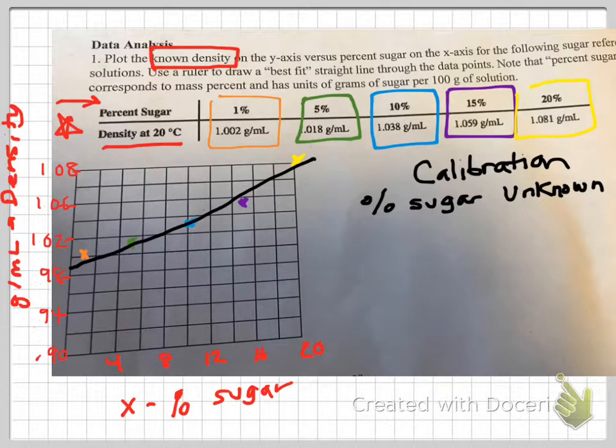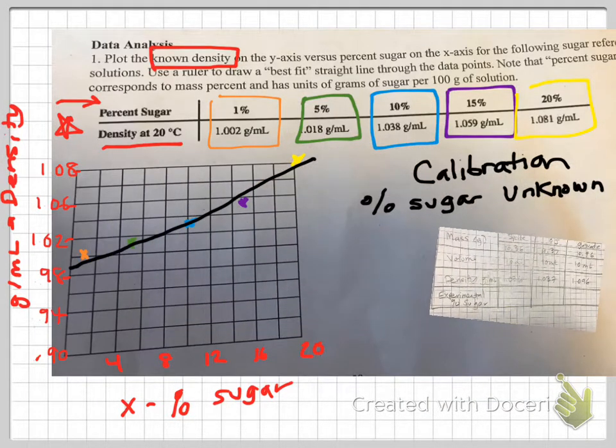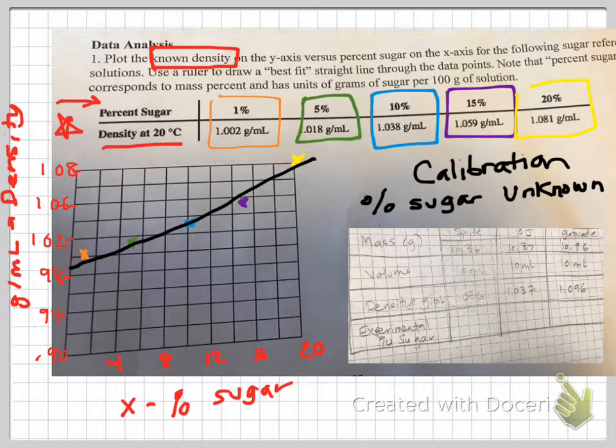So if we look at the data that we collected, we can see that one of our densities for Sprite was 1.036.